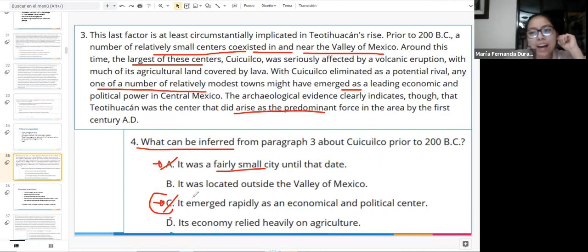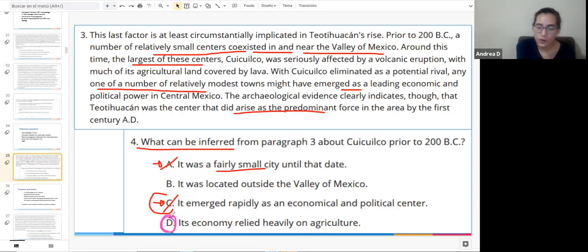And the part with much of its agricultural land covered by lava points out that it was agricultural land, and after the lava, they had a problem. That's why. Okay, perfect. So yes, there you go. So the right one was actually D.